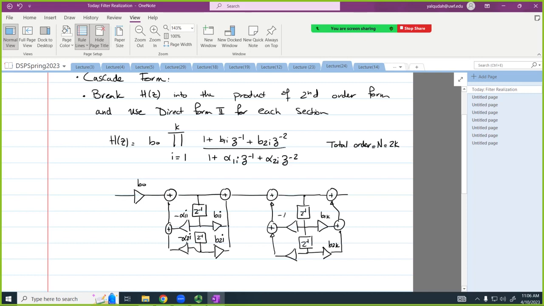And this is negative alpha 1K, negative alpha 2K, and so on, all the way to generate y of n.